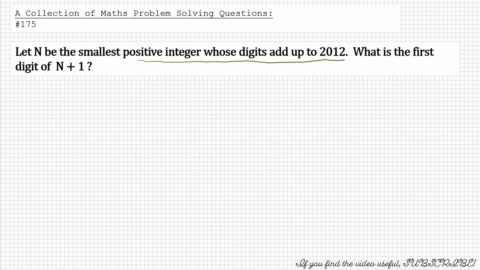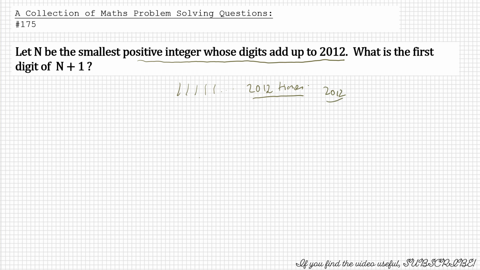That would be possible, for example, if you were to write 1, 1, 1, 1, and so on, 2012 times. You would add the digits and get 2012.